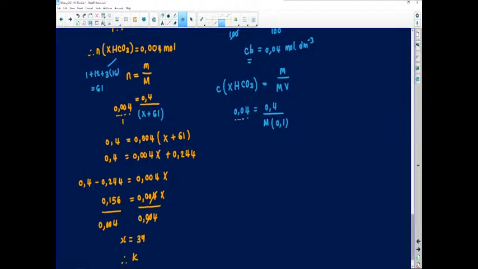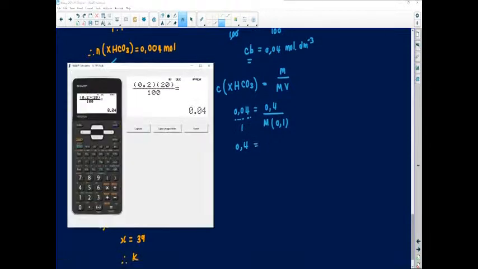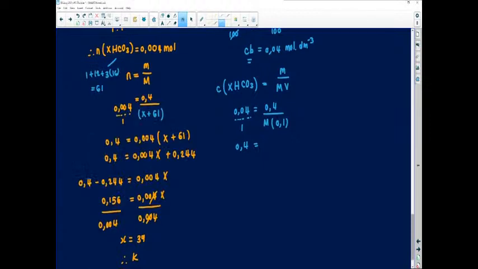I'm going to cross multiply. So I'm going to have 0.4 multiplied by all of this. I'm going to just do that in my calculator. Okay, I've already got 0.4. Let me just multiply that by 0.1 and see if I am winning. Therefore, I get 0.004, and therefore that is then my M.